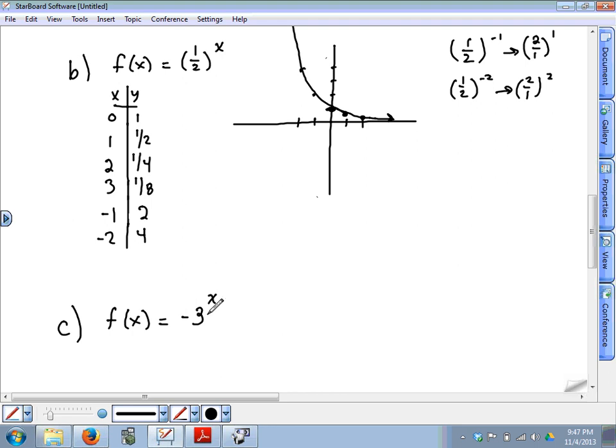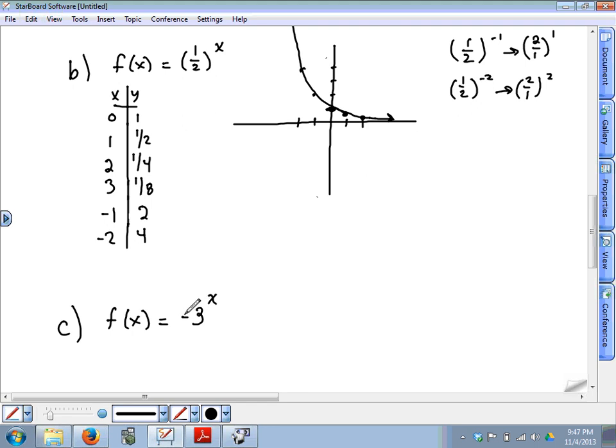What is being raised to the power of x? Is it 3 or is it -3? So, if the -3 were in parentheses like this, then the -3 would be raised to the x power, but that would not make this an exponential function. Exponential functions have to have a positive base. So it's just 3 that's being raised to the power of x.